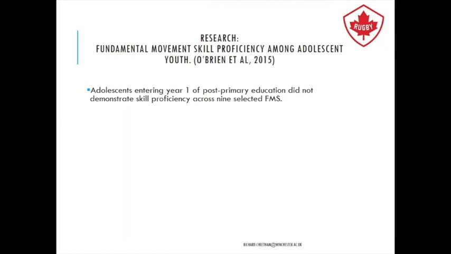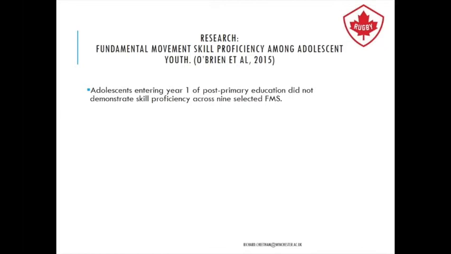The adolescents entering the first year after leaving primary education, so these children are 10, 11 years old, didn't demonstrate skill proficiency across 9 selected fundamental movement skills. So those early years, those primary education years, 4 to 11, when you go from infant school to junior school, something happened in those years which was missing.